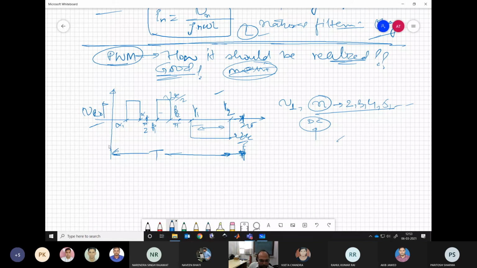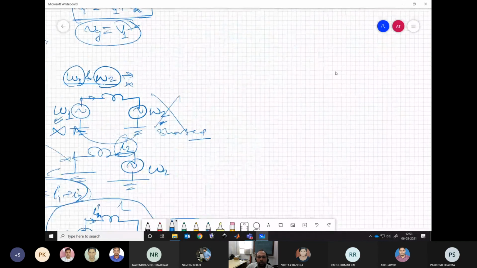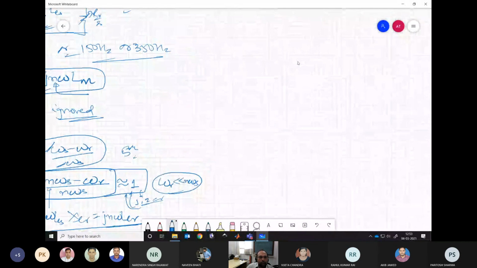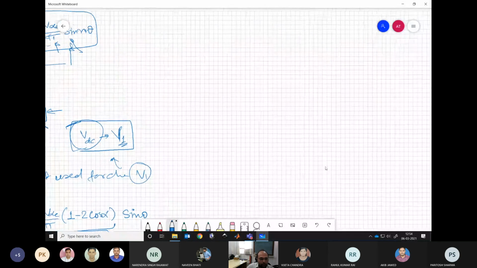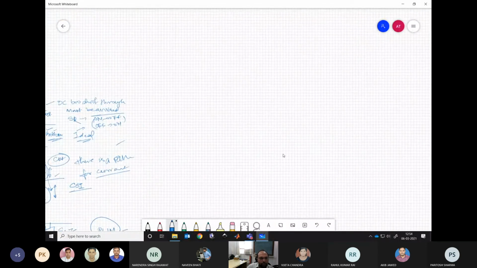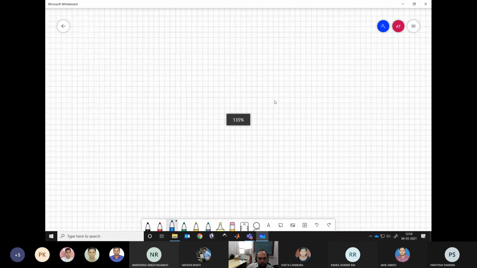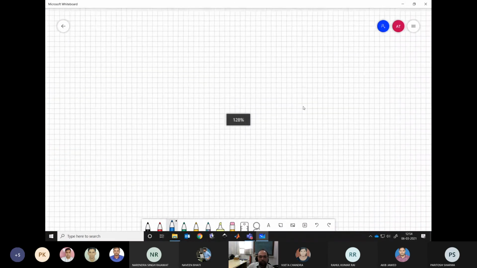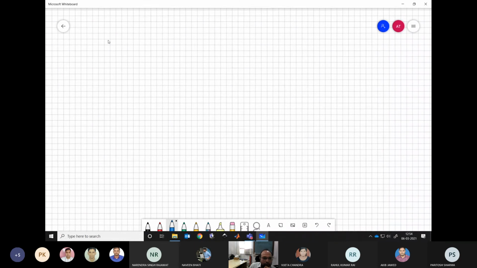Now coming to the first condition, what do I mean by the waveform must be repeating? What is the meaning of that? Let us understand that first. So let us say we have a waveform. Let's say I draw 2, 3 cycles.